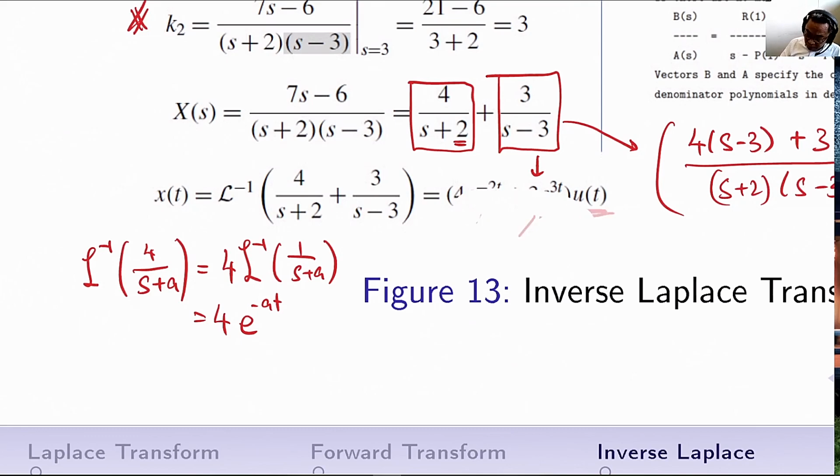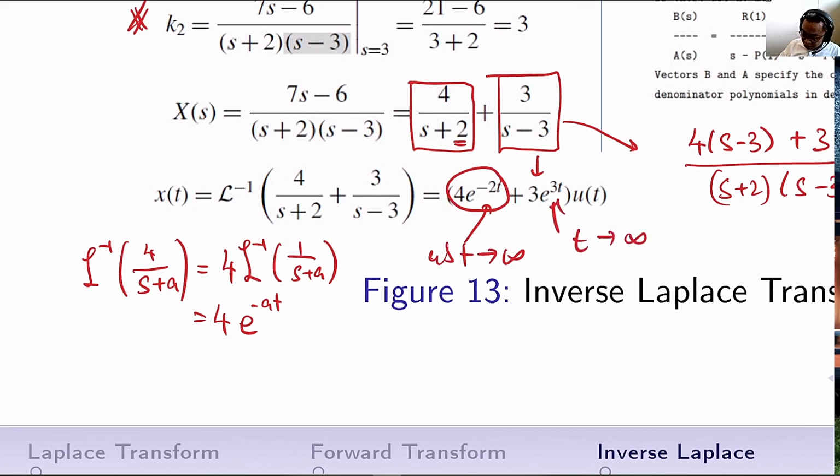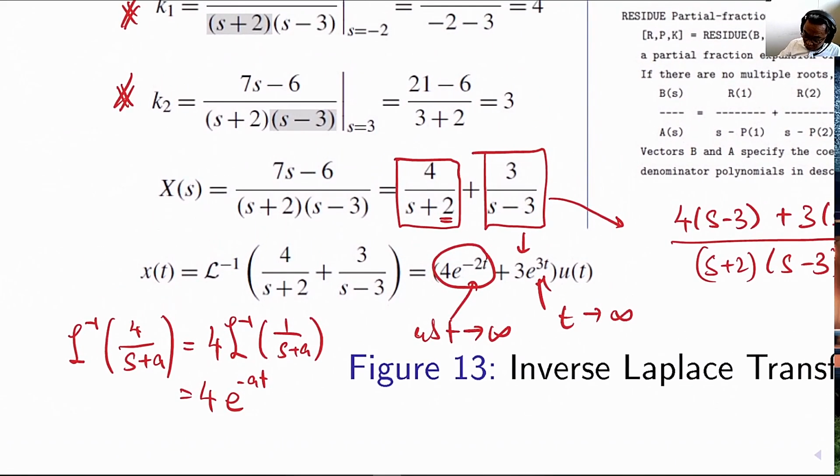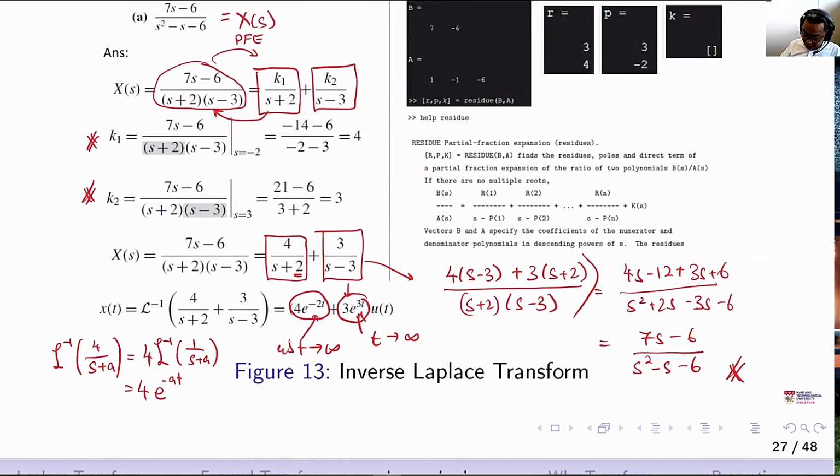Now, look at this very carefully. As time goes to infinity, this term goes to 0. But when time goes to infinity, this expression will blow up, and we don't like that. So later on, we'll show you how to study stability of systems.